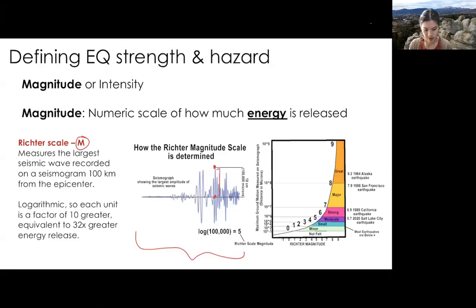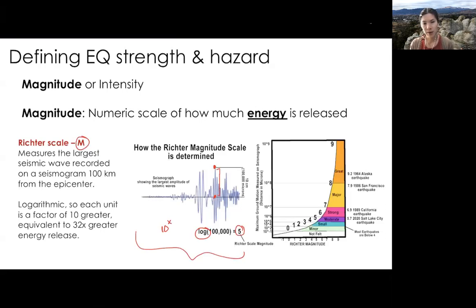It's 10 centimeters. And so that 10 centimeters, which is 100,000 microns, was used to figure out the Richter scale. We took the log of that and found that the log was 5. Just a note, the log of 100,000 is basically saying what power is 10 raised to get to 100,000, and 10 is raised to a power of 5 to get to 100,000.